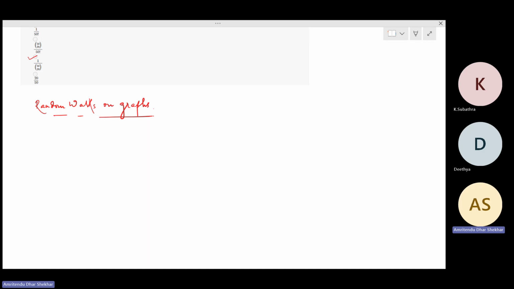Now, random walk means that you can model it as a random process, a Markov process, more precisely. Let's write it down: model this as a Markov chain.